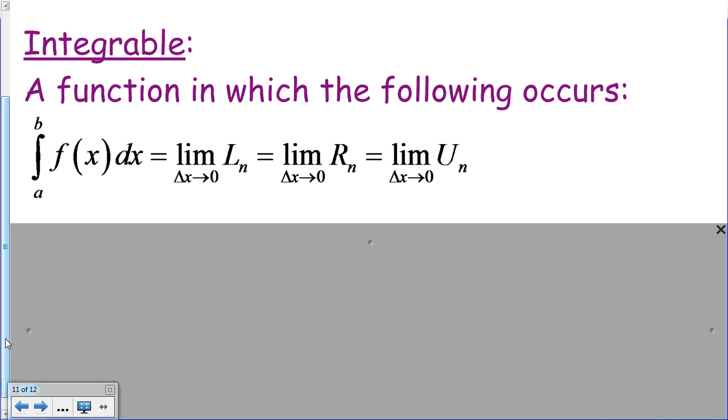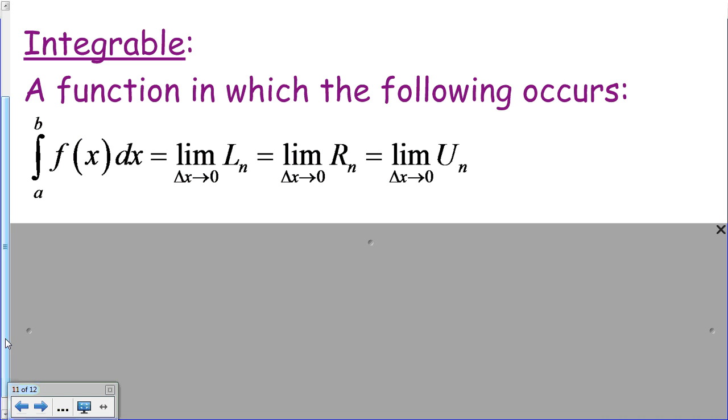if the definite integral from a to b of f of x dx is equal to the limit as delta x goes to 0 of L sub n. Delta x is the width of each subinterval, so you're letting the width of each subinterval get smaller and smaller, which is the same as saying n is getting bigger and bigger. The number of subintervals is going to infinity.